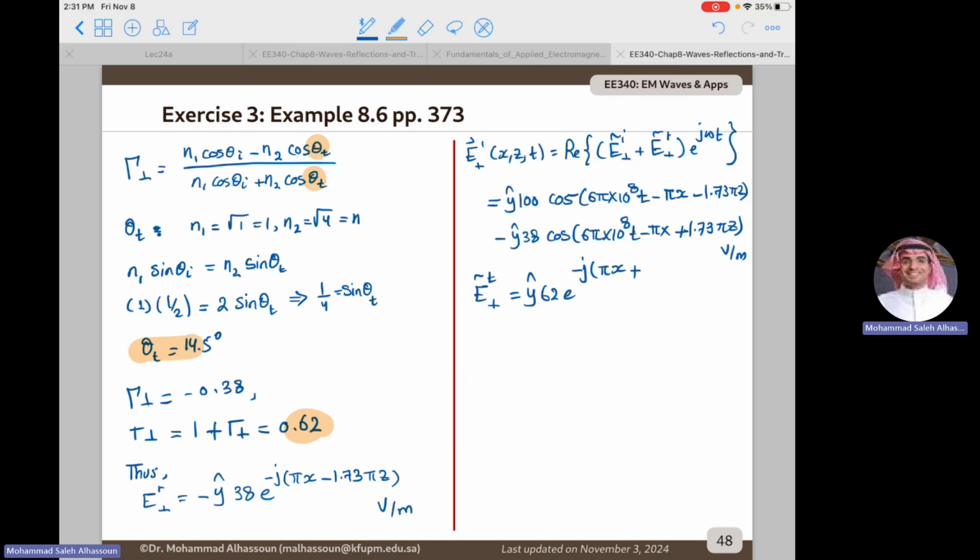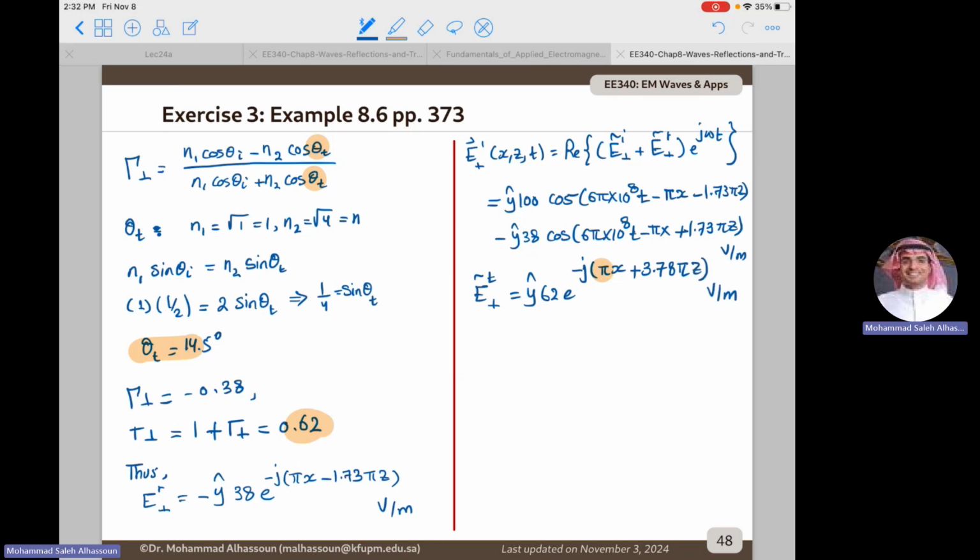This gives you pi. This is the x component. The z component will be K2 multiplied by cosine theta t, which is 3.78 pi. The unit is volt per meter.